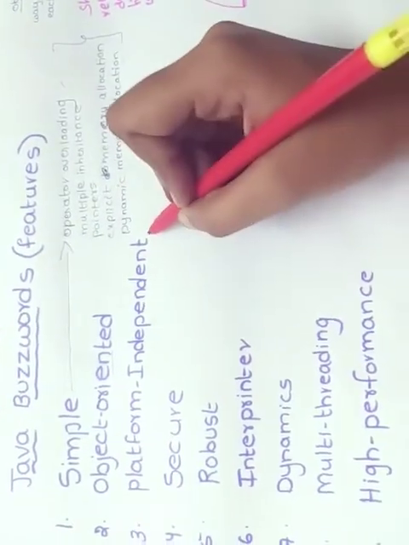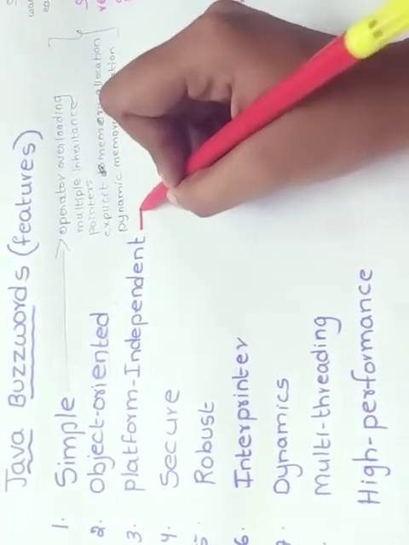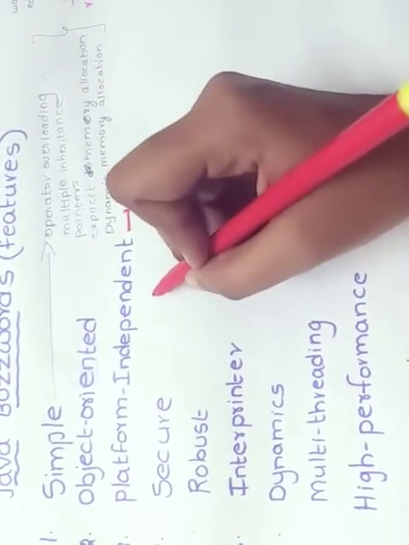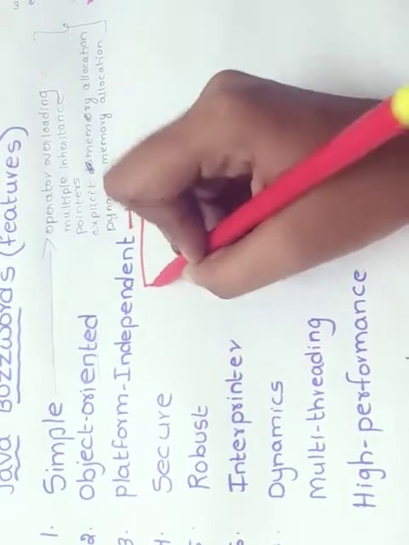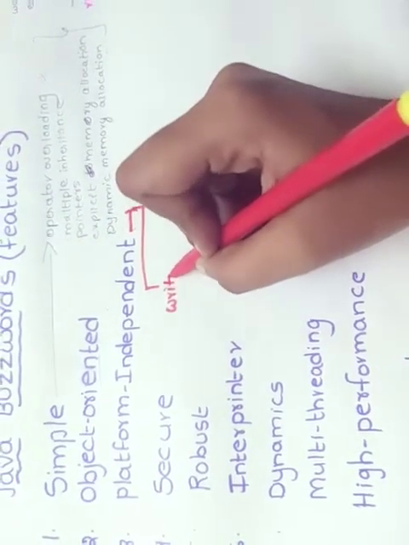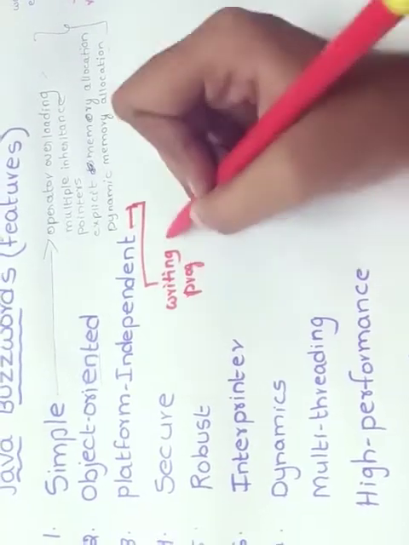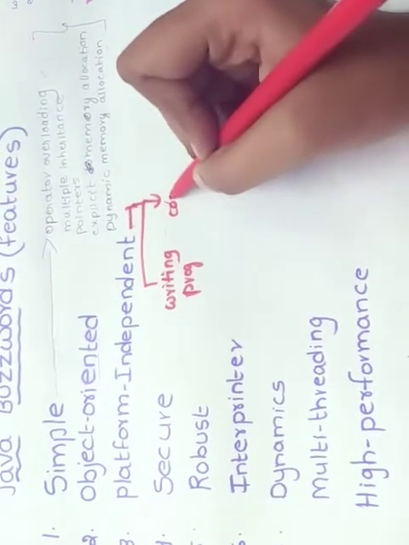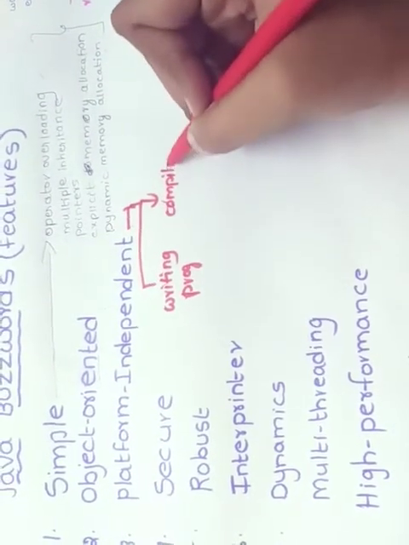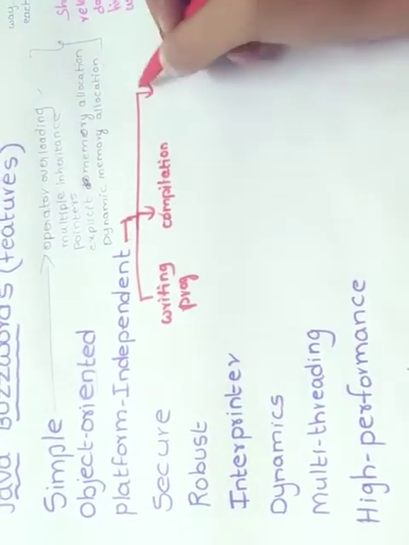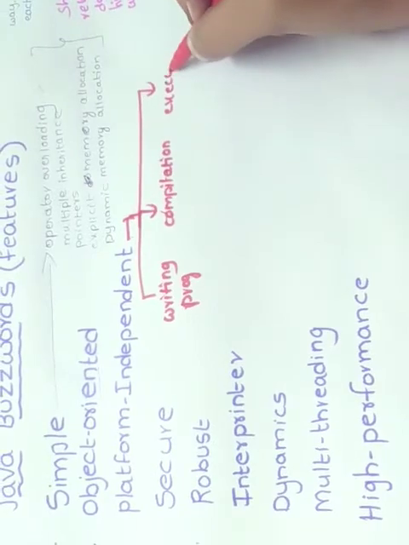Now Java is platform independent. As we know, in program execution there are three cases. One, writing the program. Second, compiling the program. And third, execution of the program.